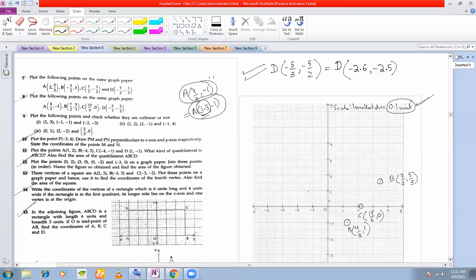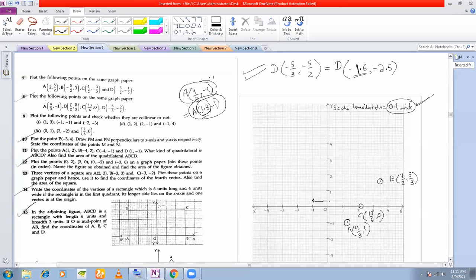So let's try to locate this. Starting from the origin, you have a negative, right? Minus 1.6. So you start moving in the negative direction along the x-axis. So start moving in the negative direction. How many units do you have to move? You have to move 1 unit, right? So you move 1 unit here.